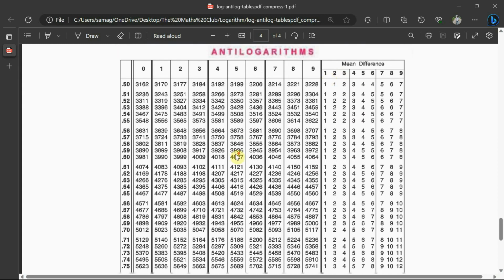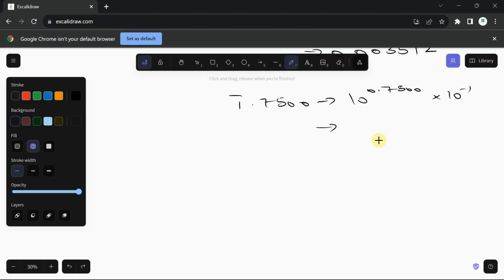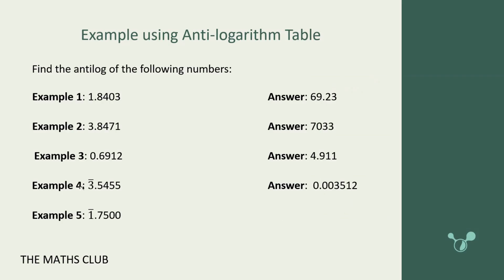The first difference is 1. So our answer will just be 5.623. So this is 5.623 times 10 raised to the power of minus 1. By the time I multiply this by 10 raised to the power of minus 1, I'll just move the point. That means there should be only 1 zero before my 5623, and that will be 0.5623. Let's see if we're correct.